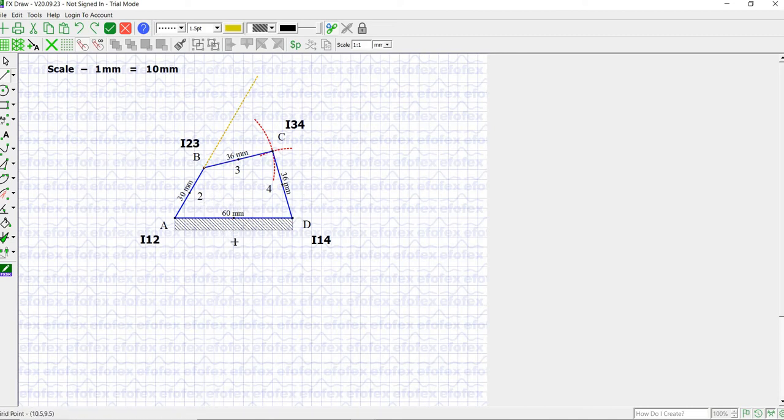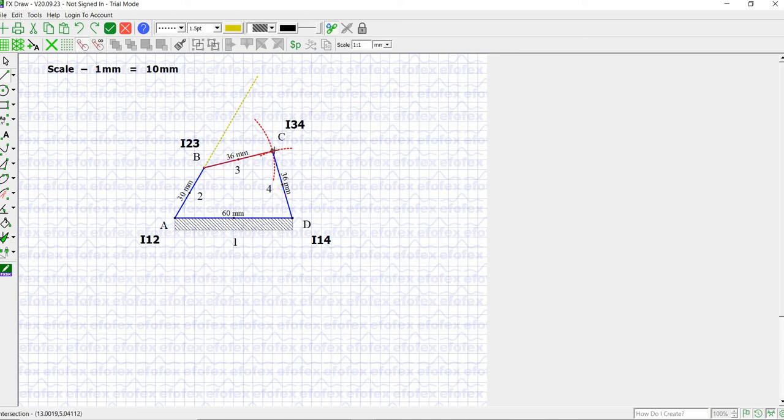We take links 1, 4 and 3. I34 is already here, I14 is already here, and the remaining is I13. That definitely lies on a line connecting I34 and I14, as Kennedy's theorem says.